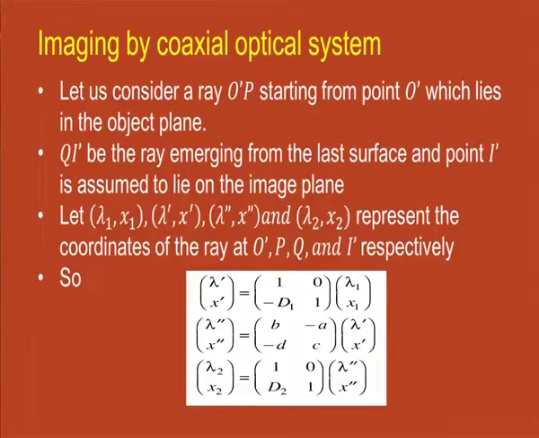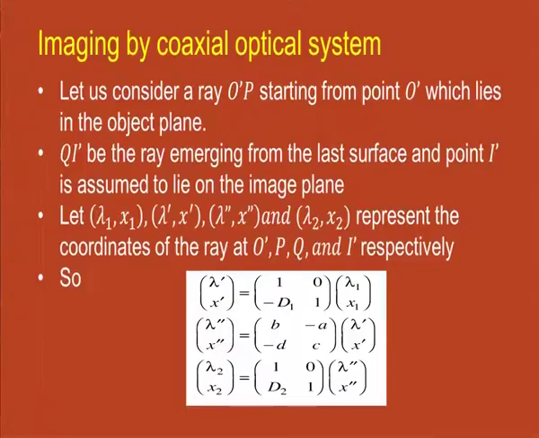Similarly, the second expression is the column matrix of λ'' x'' is equal to the square matrix of b, minus a, minus d, c, multiplied with the column matrix of λ' x', and the last expression will be the column matrix of λ2 x2 is equal to the multiplication of the square matrix of 1 0, d2 1, and the column matrix of λ'' x''.